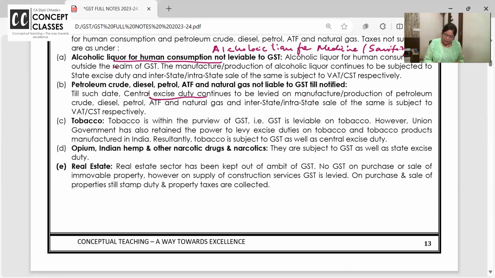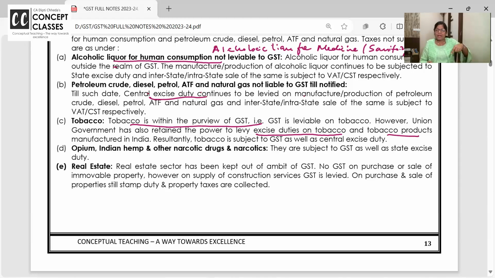Okay. Tobacco is within GST, but on tobacco, the state where it is manufactured is still charging excise. See, tobacco is not manufactured in every state. It is natural that some states are growing tobacco leaves from which tobacco, pan masala and all are prepared. So, tobacco and tobacco products.